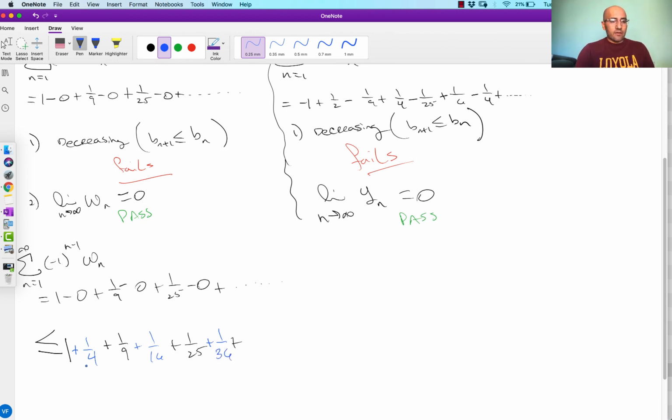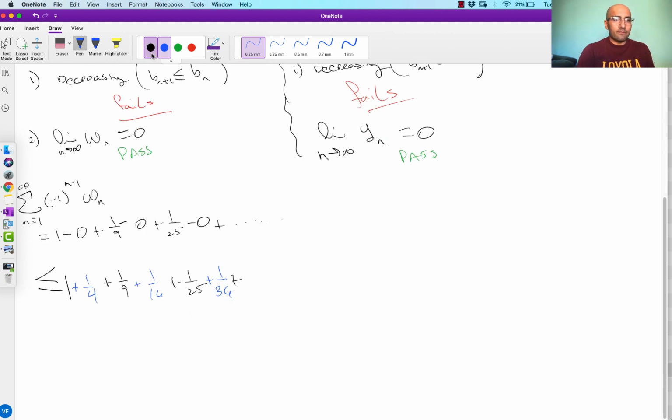And what we have here is the sum as n goes from 1 to infinity of 1 over n squared.